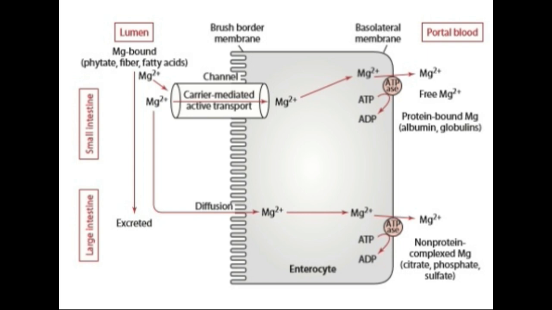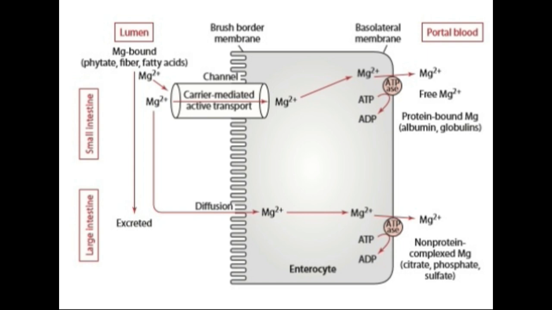Carrier mediated active transport takes place, where magnesium is transported from the lumen of the intestine into the brush border region of the small intestinal cell. So the magnesium bound to phytate, fiber, fatty acids will not be entering inside this channel. This is the brush border membrane.